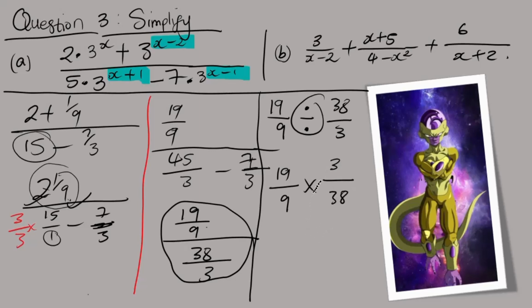All set? Now, what happens here is that you simplify. 3 goes into 3 once, and 3 goes into 9 3 times. And then from there, you have 19 multiplied by 1, which is 19. And then you have 38 multiplied by 3, which is 144.